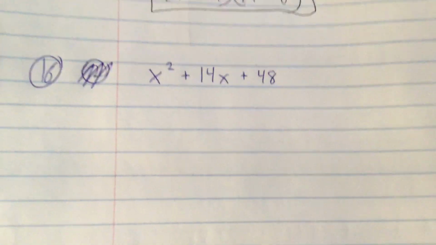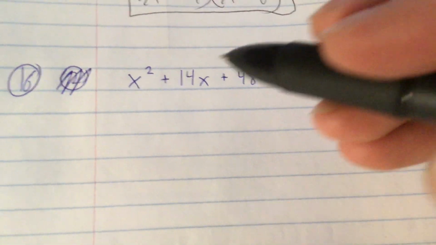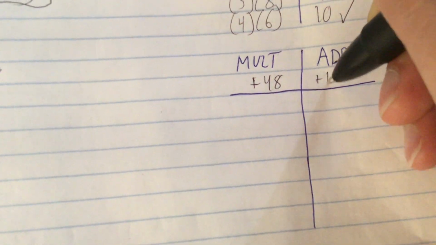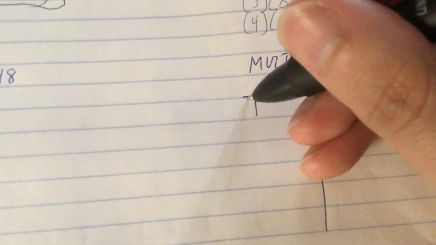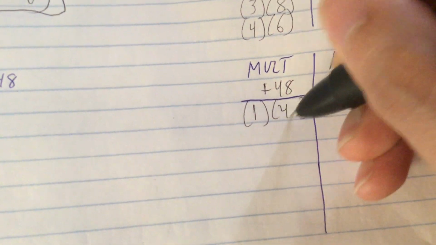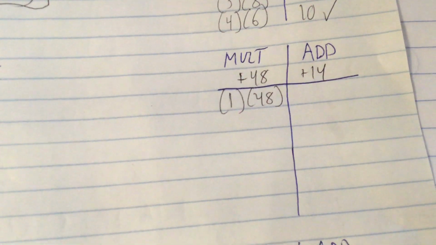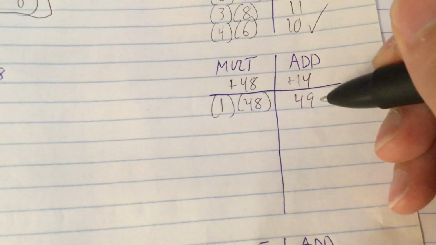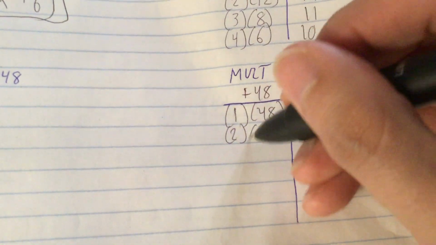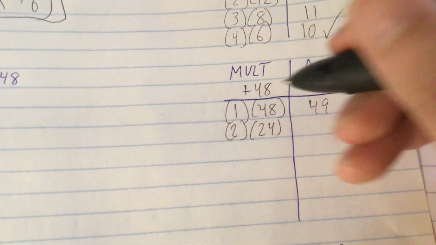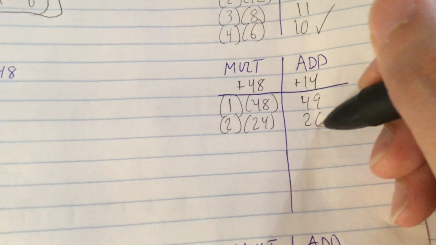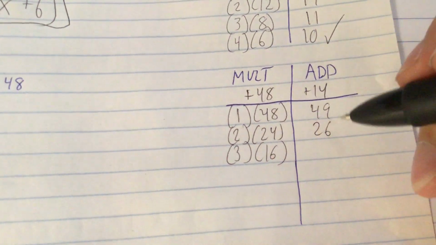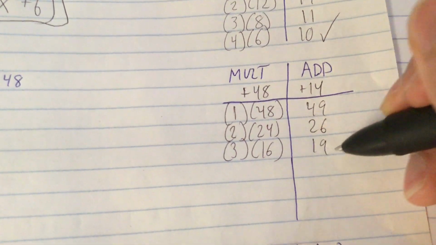All right, two numbers that multiply to positive 48 but add to 14. So it has to be a positive combination. 1 and 48. 1 and 48 multiply to 48. 1 plus 48 is 49. So that didn't work. 2 and 24. 2 times 24 is 48. 2 plus 24 is 26. 3 and 16. 3 times 16 is 48. 3 plus 16 is 19.